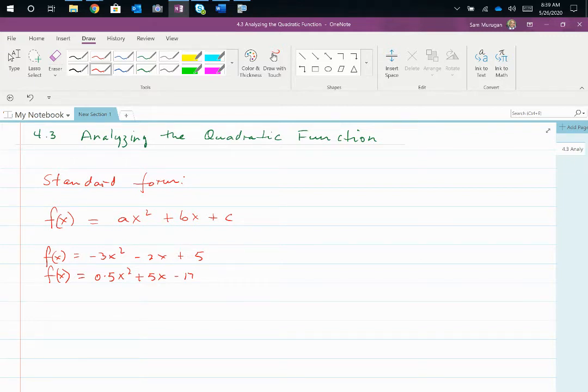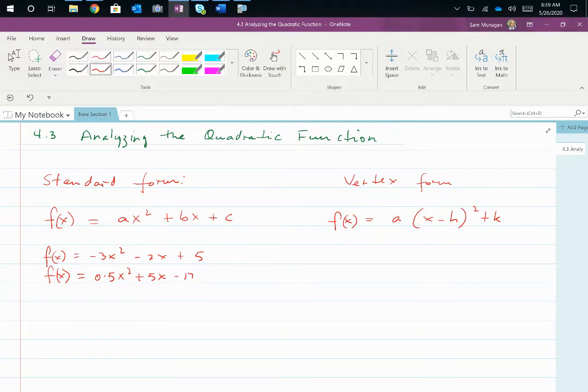Now, there's a second form called a vertex form, which is written as f of x is equal to a into x minus h squared plus k.